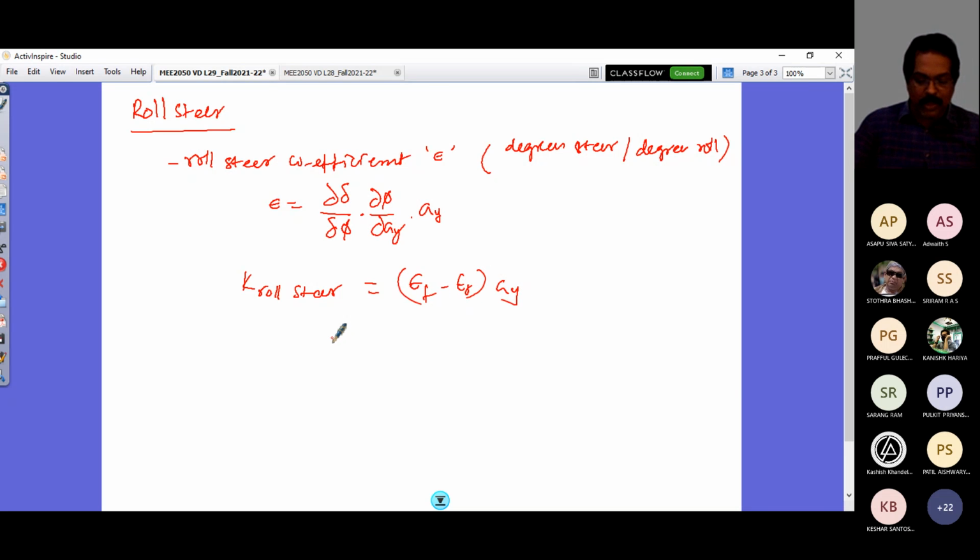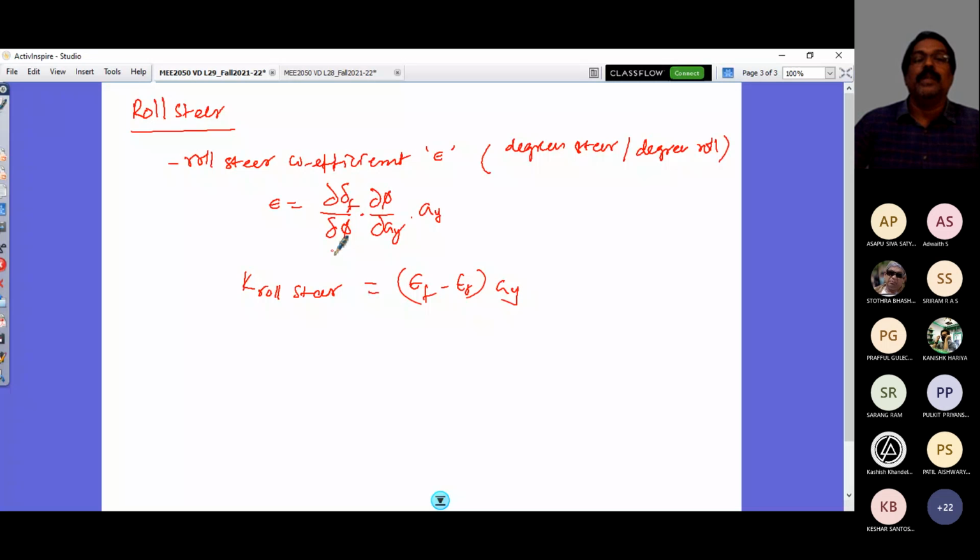So you know now what the terms are here. εF is ∂δF/∂φ. Why the subscript was not put earlier, it can also be rear wheel steer and so on. So I would have the front axle steer effect and the rear axle steer effect. Though the steering mechanism for the front axle is by driver input, the steer effect can be pronounced because of the roll, with some phase lag, on the rear axle as well.